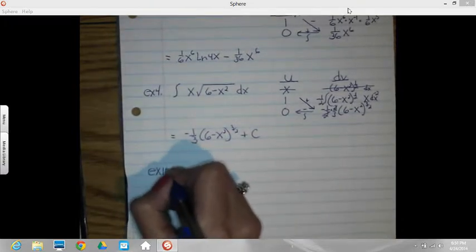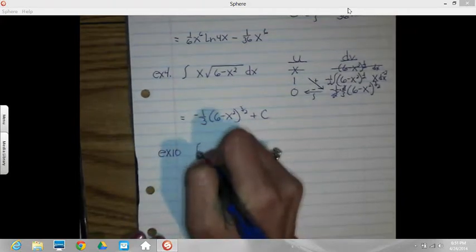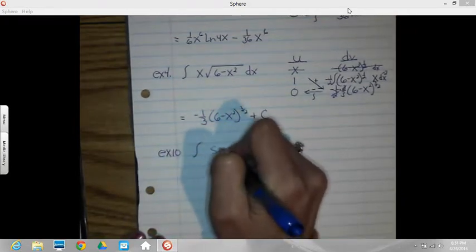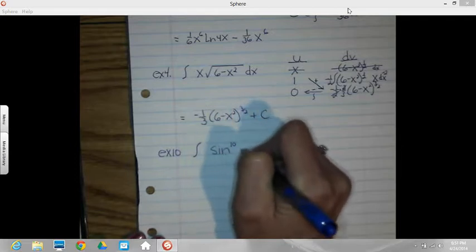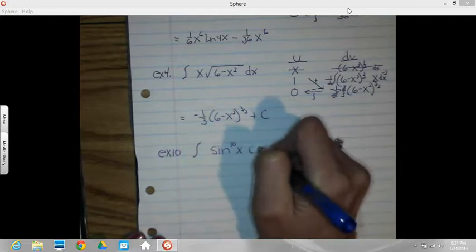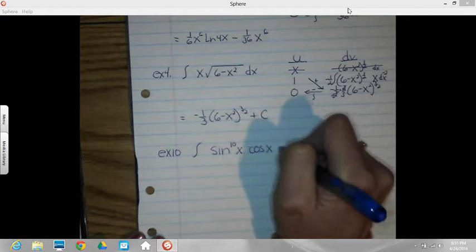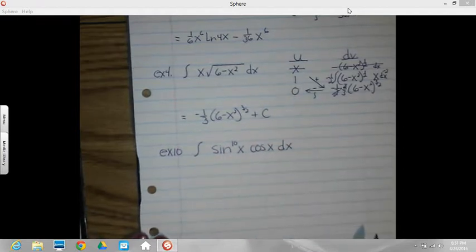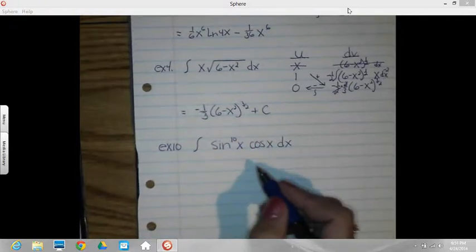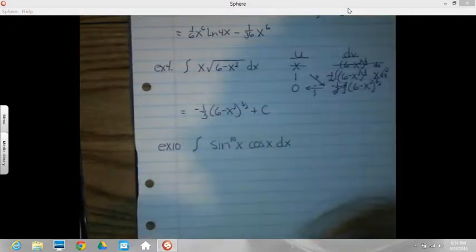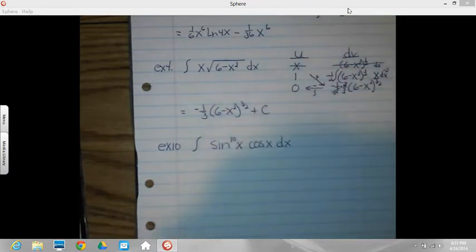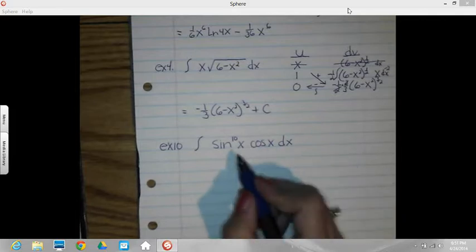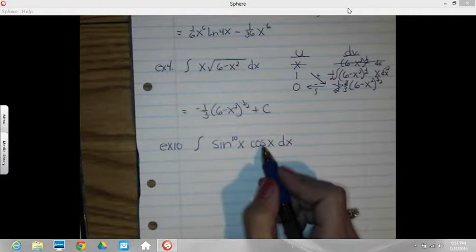I want you to be clever here. Think about it. I've got sine to the 10th x times cosine x dx. Okay, so I could let the u equal the sine to the 10th and the dv equal the cosine, or other way around.